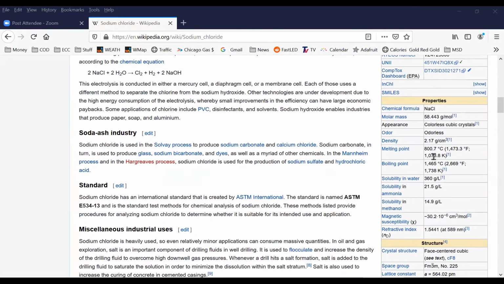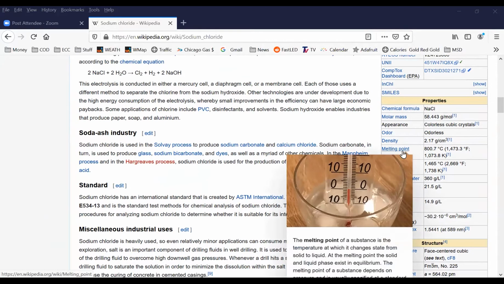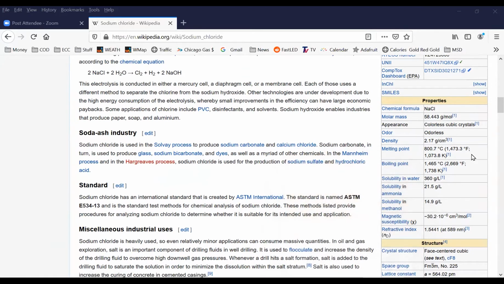And if you notice melting point right here, it's, wow, a little over 800 degrees Celsius, which is 1,473.3 degrees Fahrenheit. Wow, 5 significant figures. It's a pretty accurate measurement. And what that means is, I was telling you the truth. Ionic compounds have high melting points.